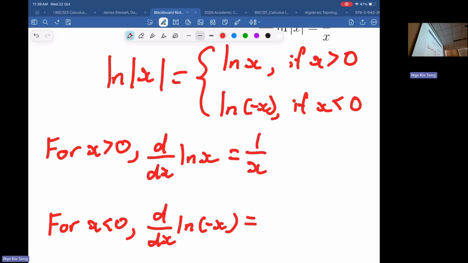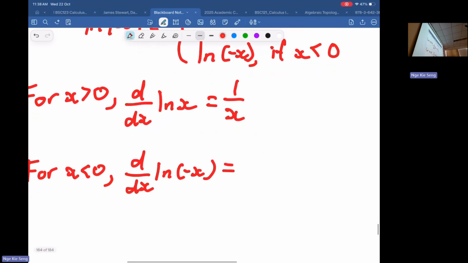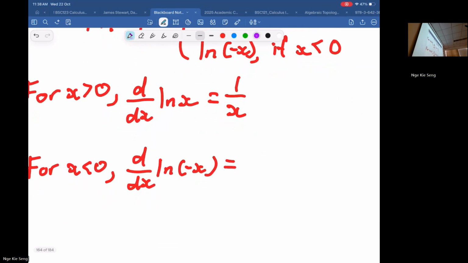What rule to use? Chain rule, okay. So you're going to use chain rule. What's your y? What's your u?